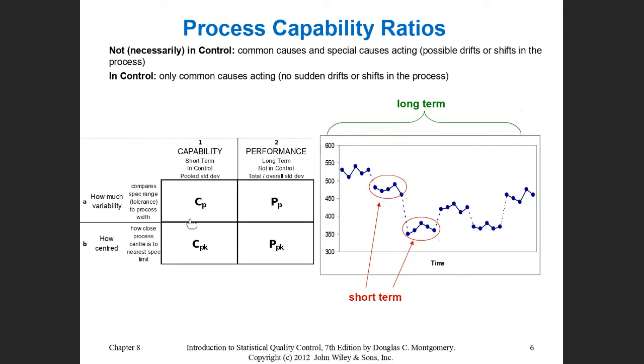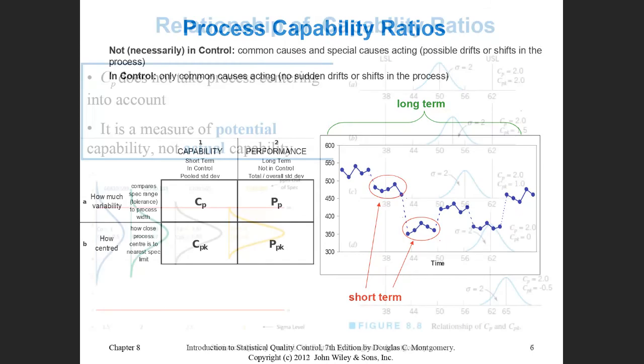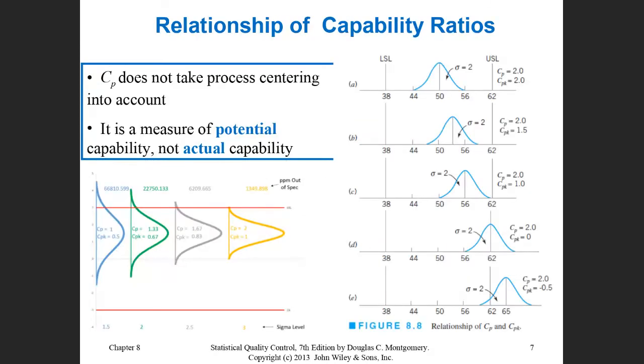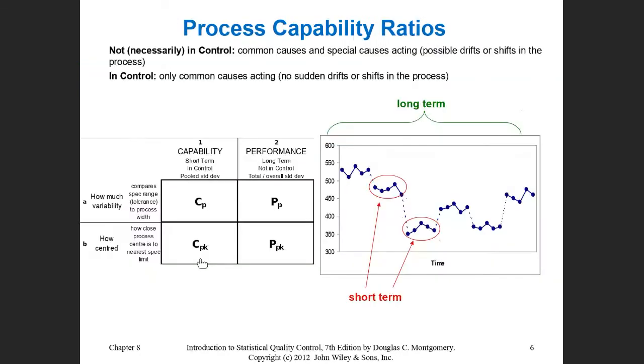How we calculate those ratios and how we interpret the result after we calculate it. Before we go to the calculation, here is the difference: we talked about the CP as the one for the variability and the CPK as the one for the centering.